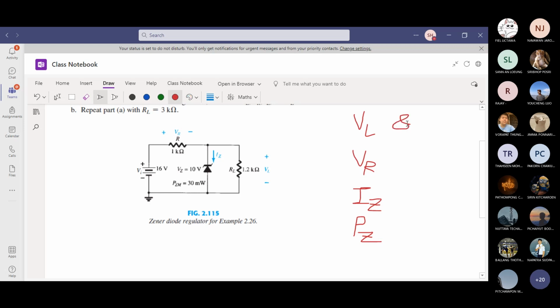Let us write it down here. The zener is on or off? The next question is for Mr. Warapat. The zener is on. About Miss Nataya, is the zener on or off?